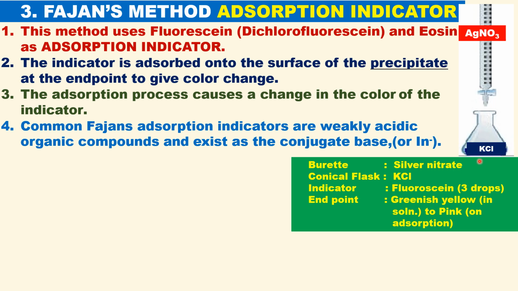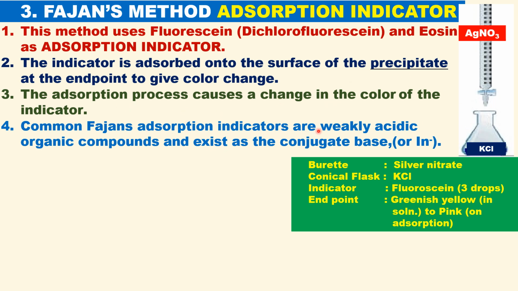Before the end point, it is greenish yellow because there is no adsorption. At the end point, the indicator is adsorbed on the silver chloride precipitate to form a pink color. So the indicator is adsorbed onto the surface of the precipitate at the end point to give the color change from greenish yellow to pink.